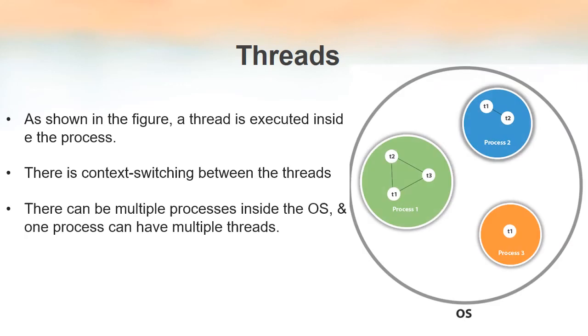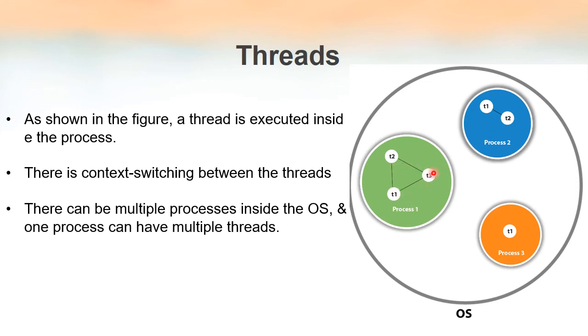So this is how the threads look like. We have our operating system here, and inside the operating system we have several processes. Within a process we can have multiple threads. In this example, in process 3 there is only one thread, that is T1. In process 1 we have 3 threads. In process 2 we have 2 threads. That means the threads are within the process.